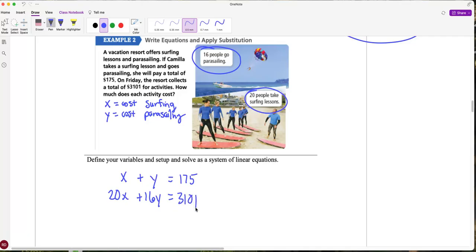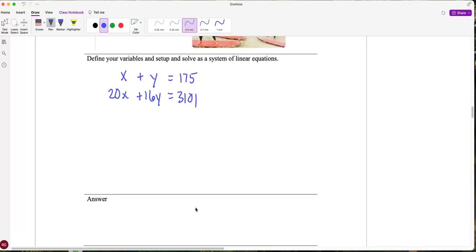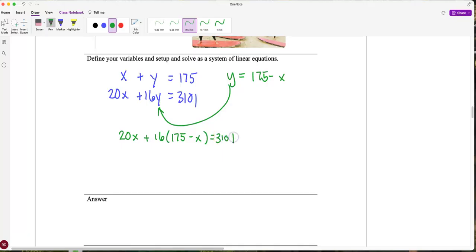Now in this one, it is very obvious which equation and what to solve for. You want to solve the first equation for either one of those variables. Doesn't matter. So y is going to be equal to 175 minus x, and I'm going to plug that into this equation. So I'm going to get 20x plus 16(175 minus x) equals 31.01. Okay.